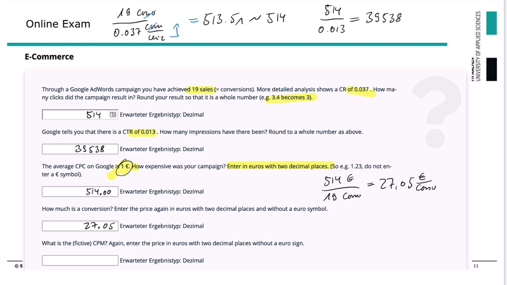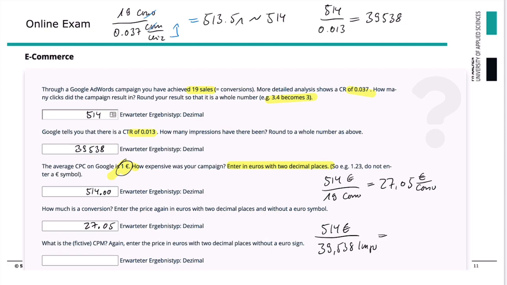And what is effective CPM? So if I would have paid by CPM, not by CPC, how much would it have been? Again, enter the price in euros with 2 decimal places. So what do we have? We have 514 euro. We divide it by 39,538 impressions.